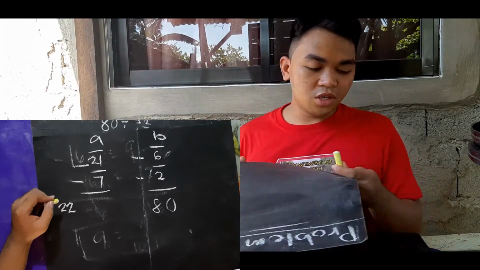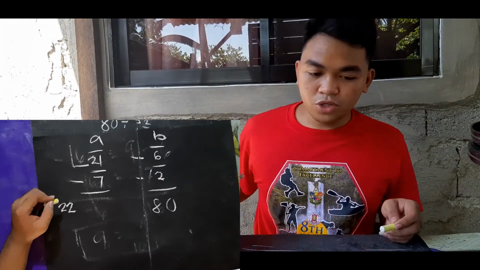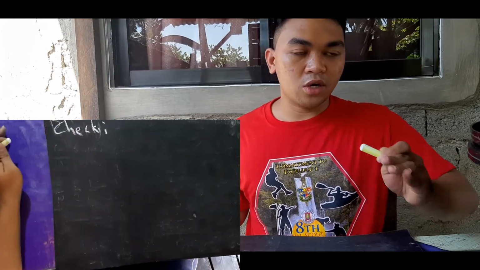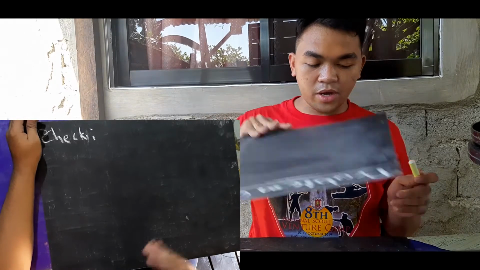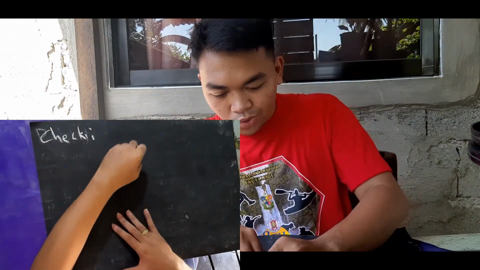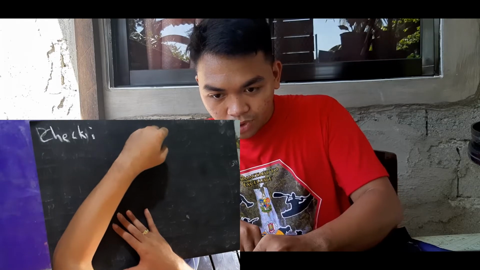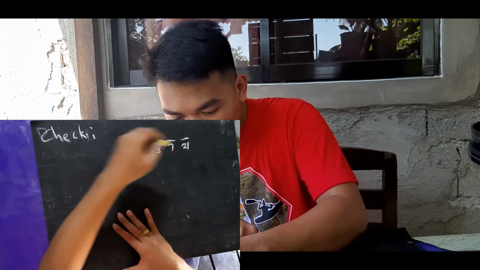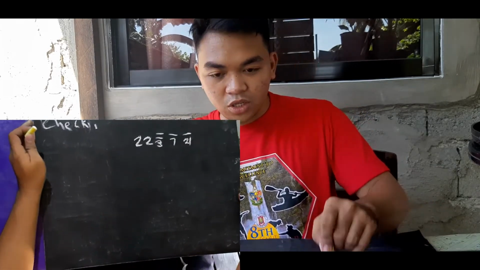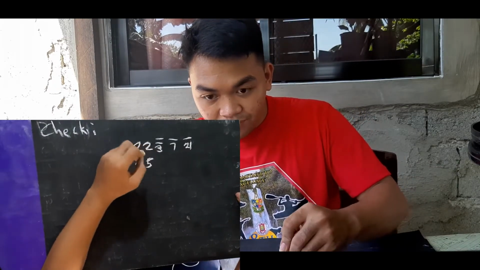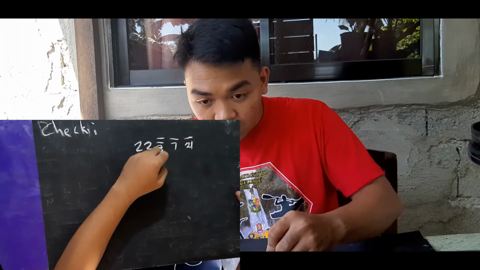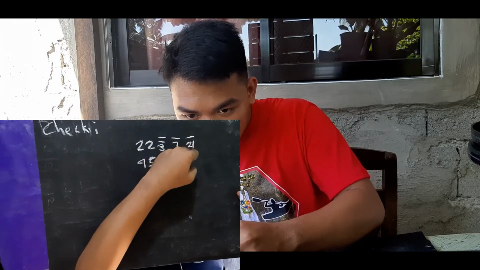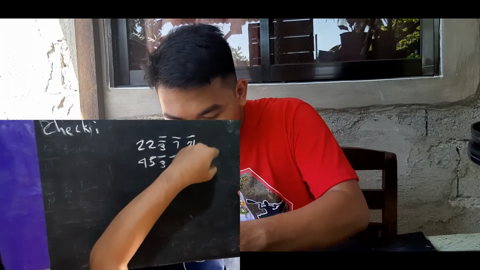To check whether these answers are valid or correct, we should check them. So this is the way the Egyptians of the Rhind Papyrus checked their answers. The answers we get in column A are 22 2/3, 1/7, then 1/21. So we should double it. These numbers are 45 1/3, 14, 28, then 42.